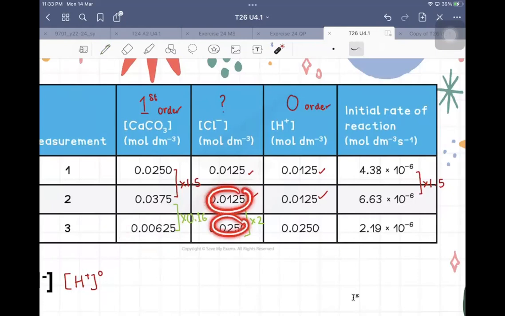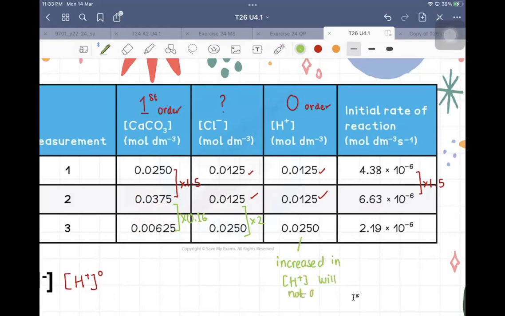So that means for calcium carbonate, I must take the number from experiment 3 divided by the number from experiment 2. And I know that the increase in H plus will not affect rate.